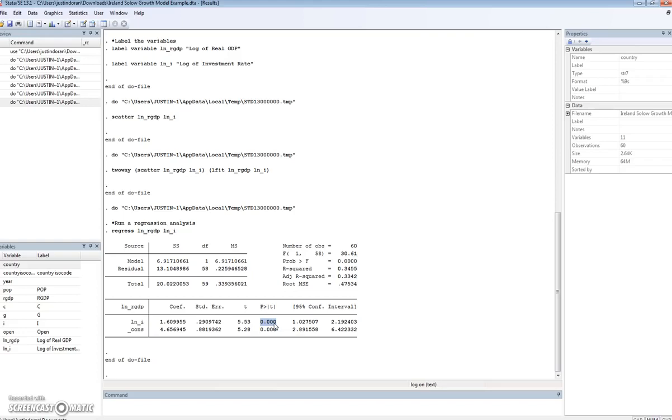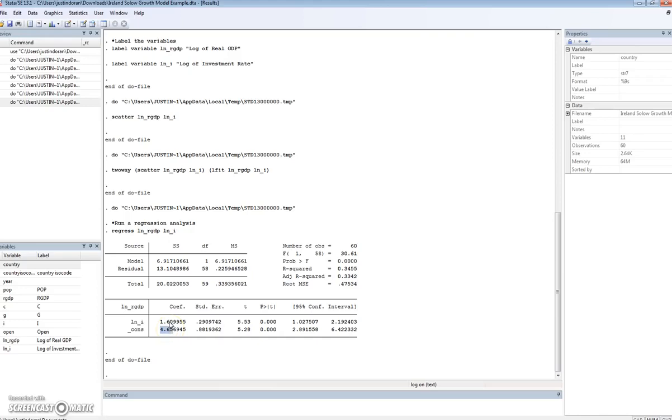Having interpreted the t-tests, we now move on to looking at the actual coefficients. And in this case, the coefficient for investment is 1.6, and the coefficient for our constant is 4.65. So these essentially show the nature of the relationship between our variables.